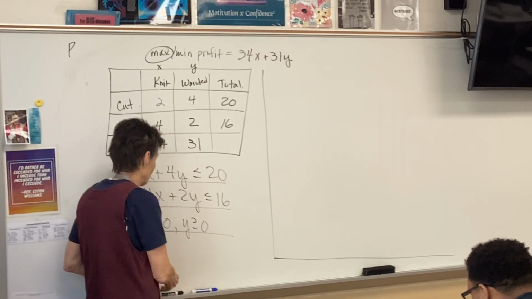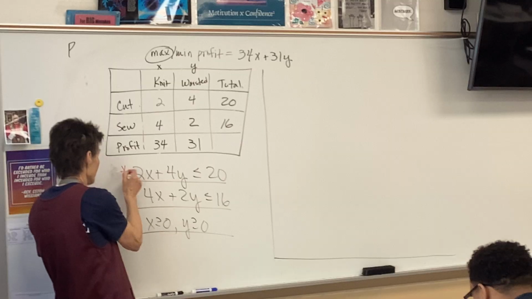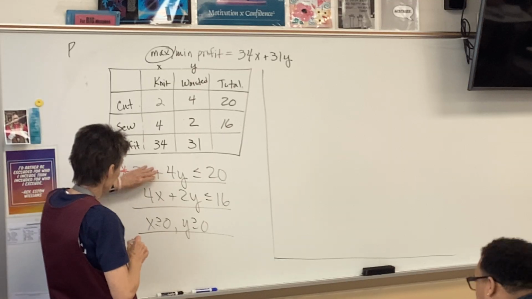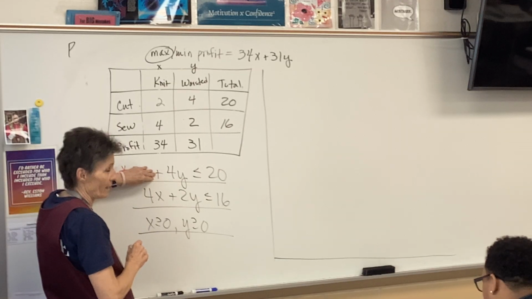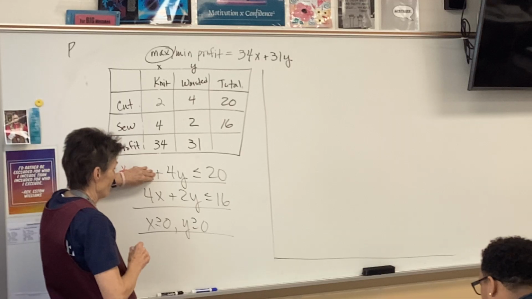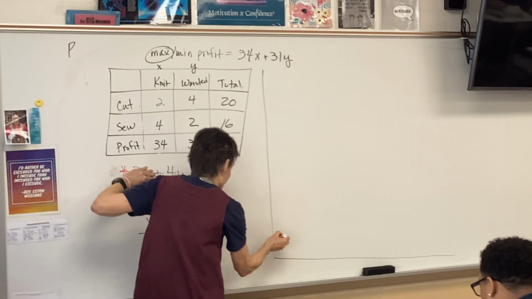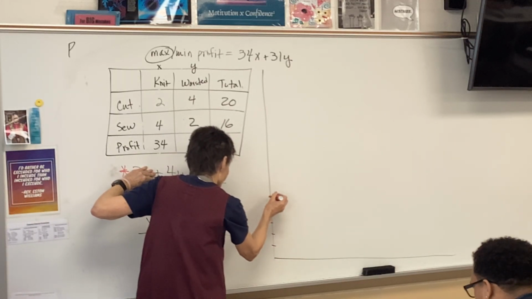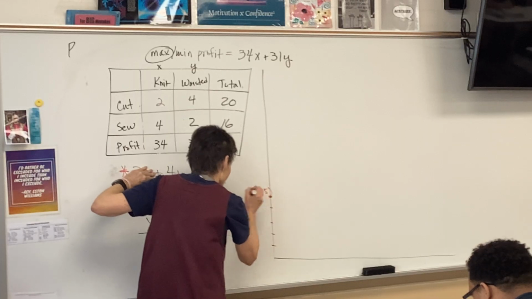Okay, here we go. I'll do this one in red. If I cover up X, what's Y? 5. So 1, 2, 3, 4, 5, right there. 0, 5.